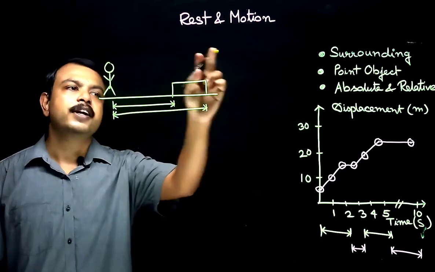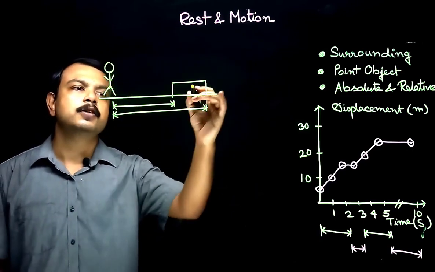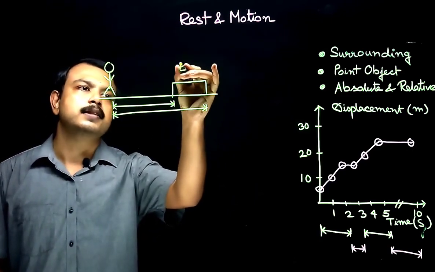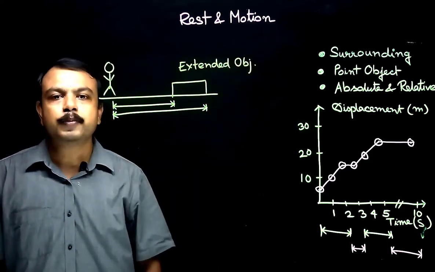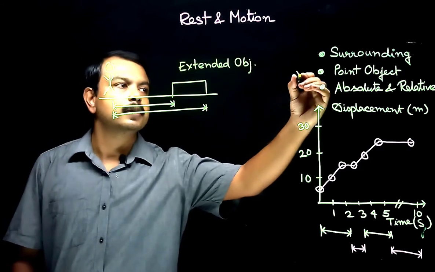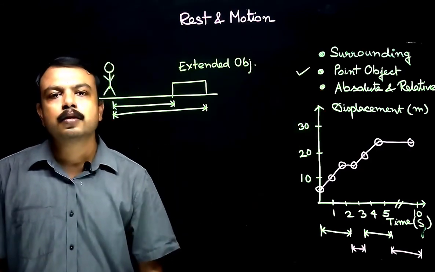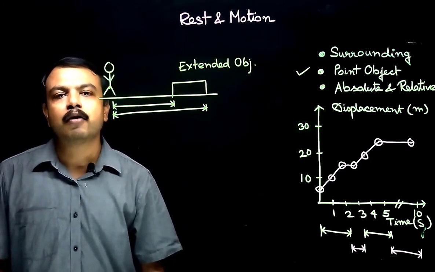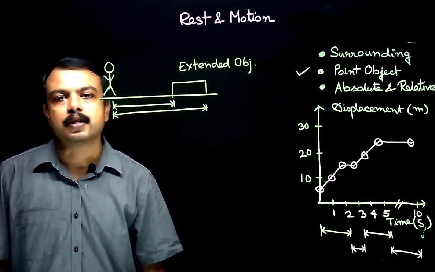This is a very common error which is related to this kind of extended objects. Let me take a detour and introduce the concept of point object so that we can make our observations more precise.